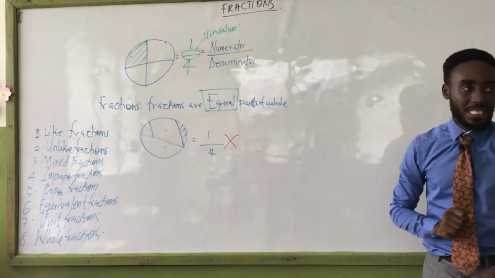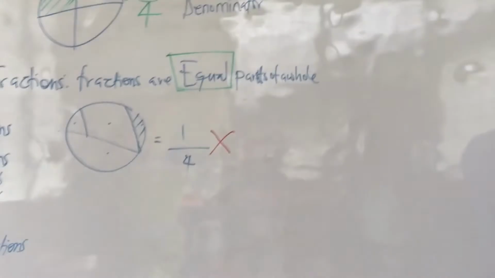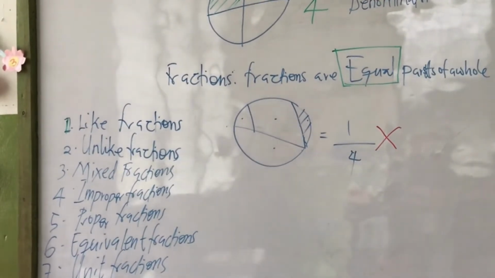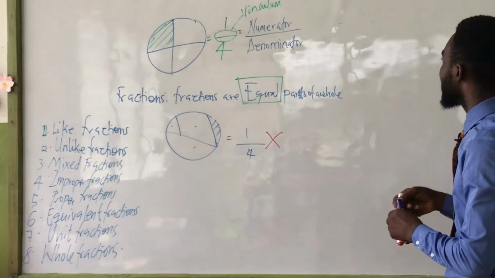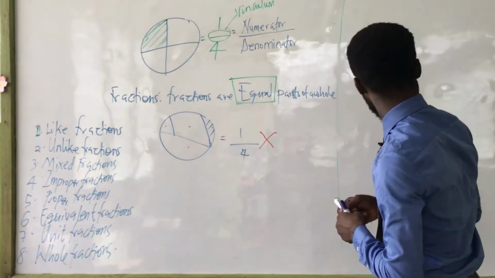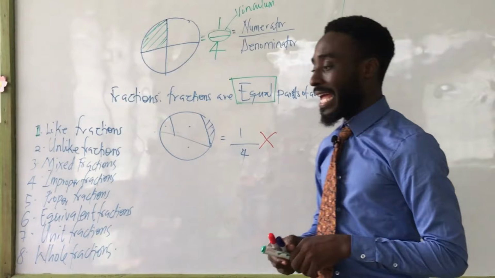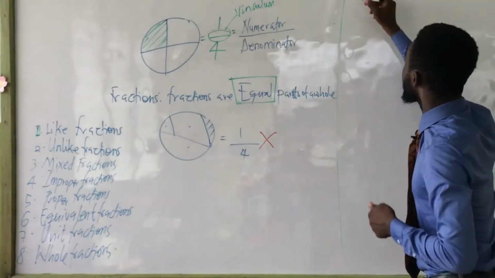So we'll pick the fractions one by one and then define them. You pick one and you define. Which one do you want to talk about? Like fractions. So let's define what like fractions are.